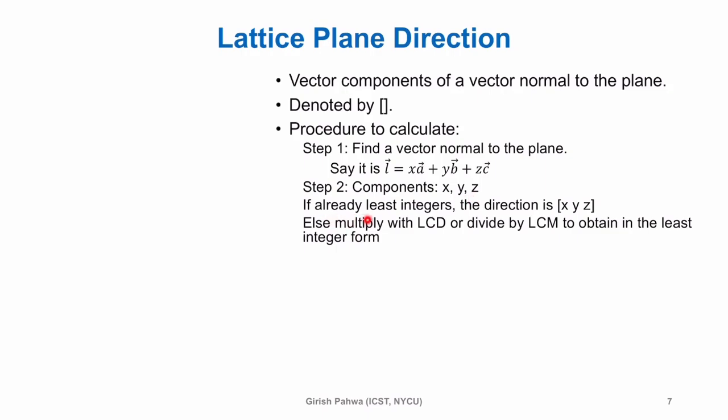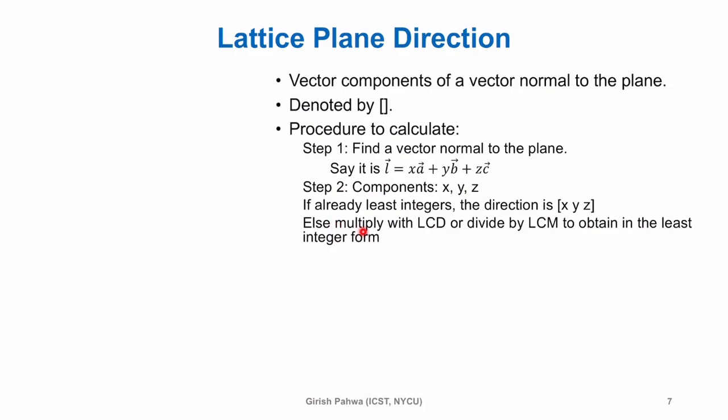So step 2: the components are x, y and z. If they are already least integers, and you can't take any factors common out of them, then the direction is simply x, y, z with a square bracket. If they are not integers or there are some common factors, then you first reduce them to the least integers.